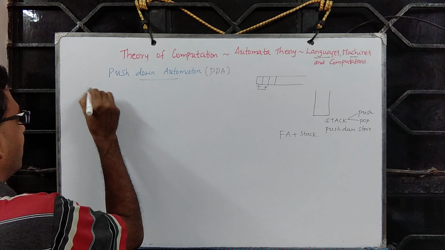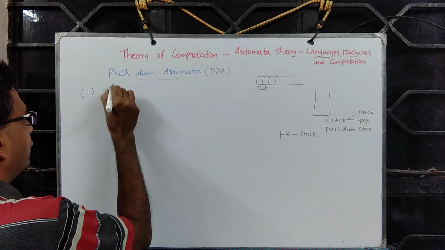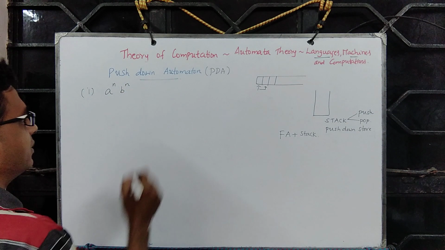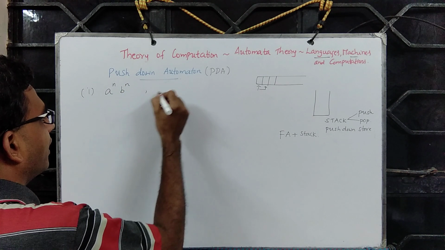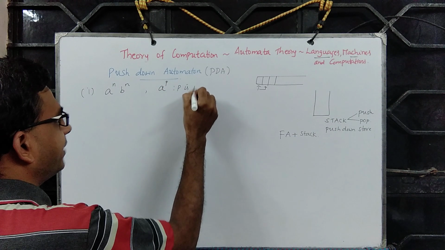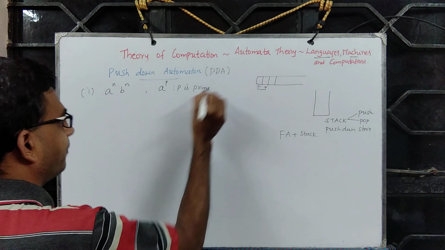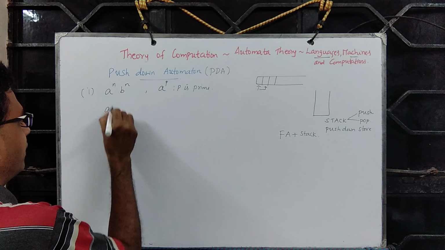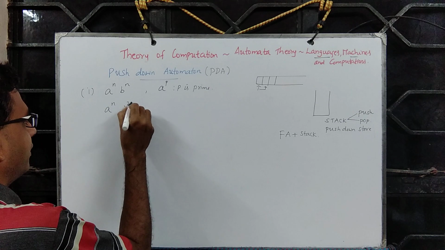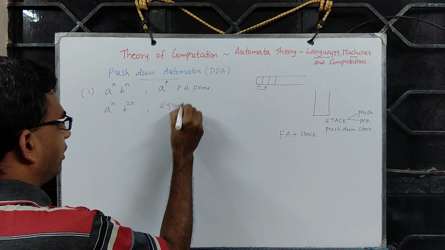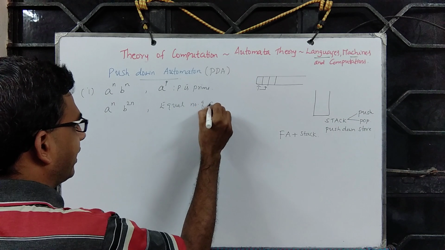Remember, we have shown that a power n, b power n is not regular, and then a power p, where p is prime, is not regular, and then we have shown languages like a power n, b power 2n, equal number of a's and b's.